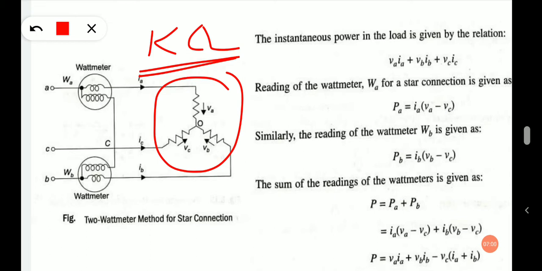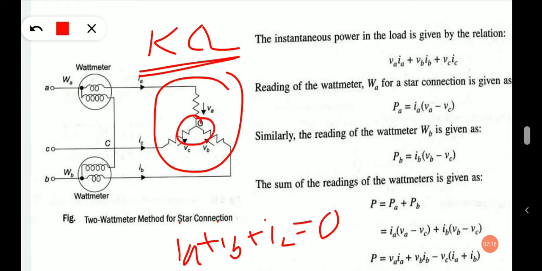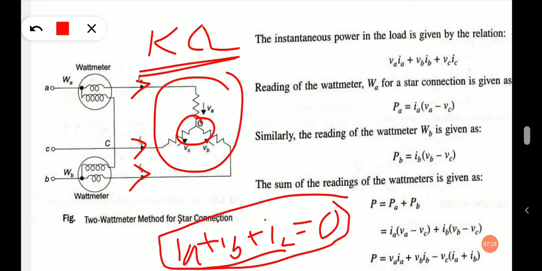So we will get IA plus IB plus IC equals 0. For point O we can write the currents IA, IB and IC sum to 0, or from this expression IA plus IB equals minus IC.